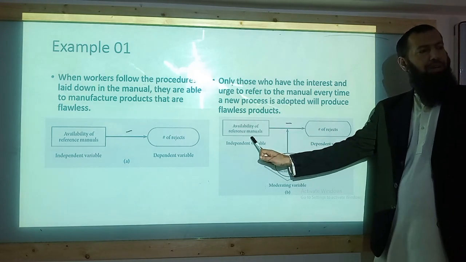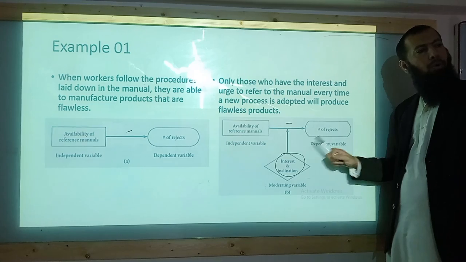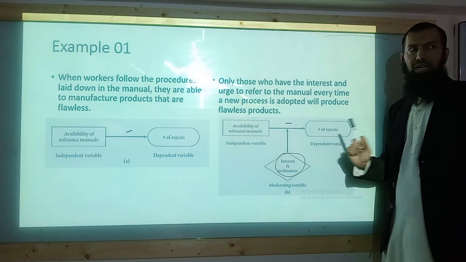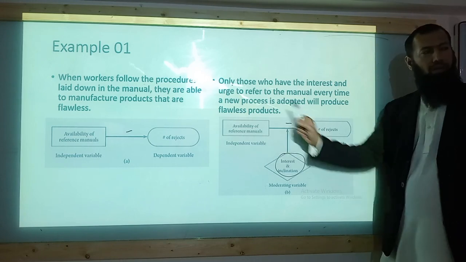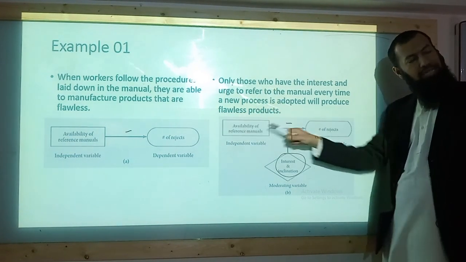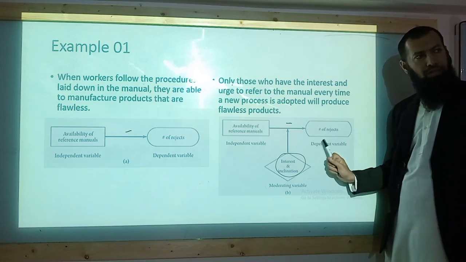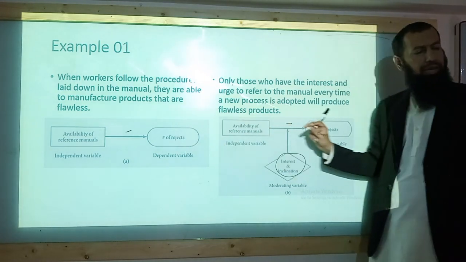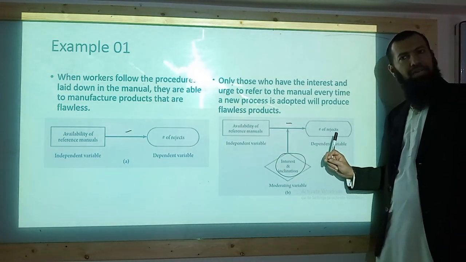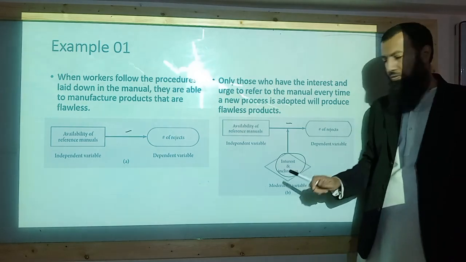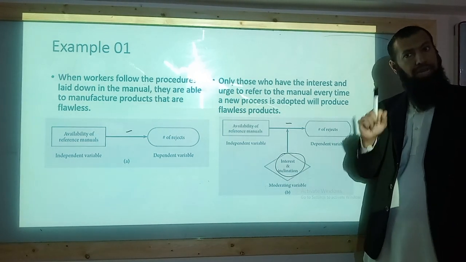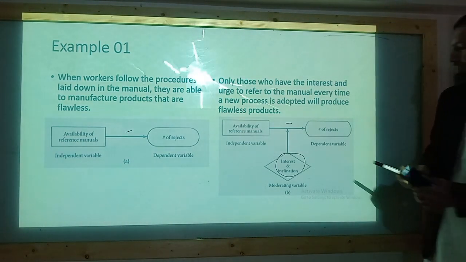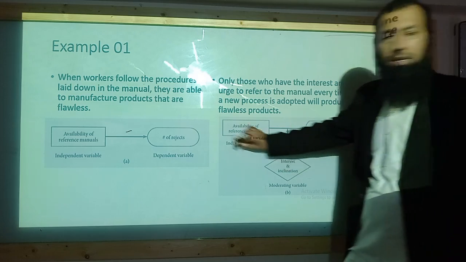For example, there were 5 rejects, but now there is 1 reject. Why? Because of this variable, interest and inclination to the manual. Any questions so far?